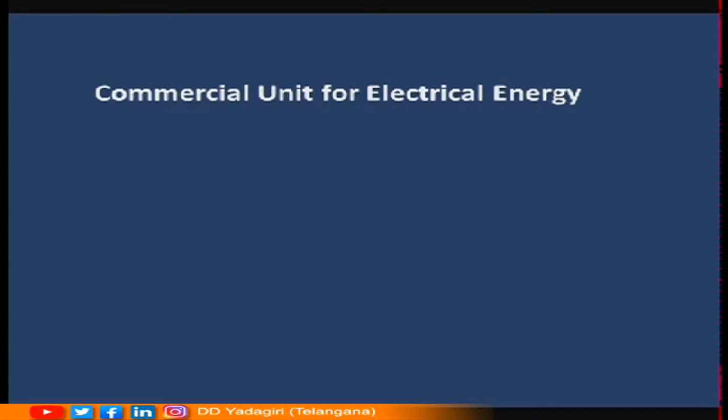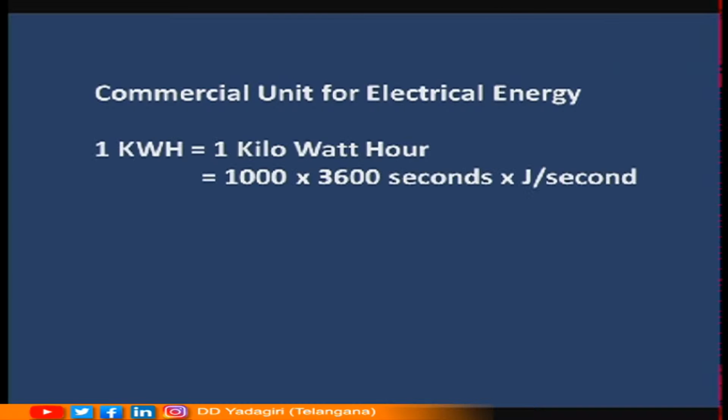For this we use another unit called commercial unit, that is 1 kilowatt hour. Commercial unit for electrical energy is 1 kilowatt hour, which is 1000 times 3600 seconds, which is 1 hour, and 1 watt is 1 joule per second. So, substituting all the values, we get 1 kilowatt hour equal to 36 lakh joule.